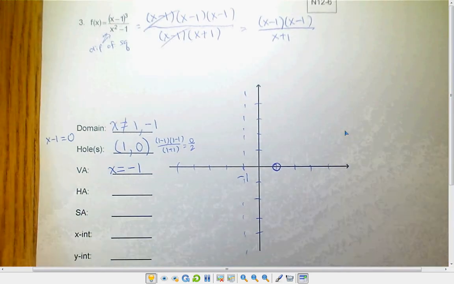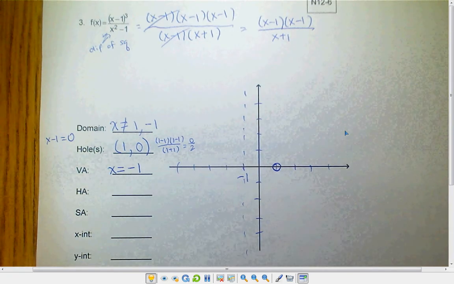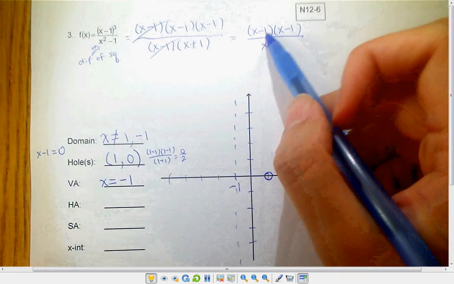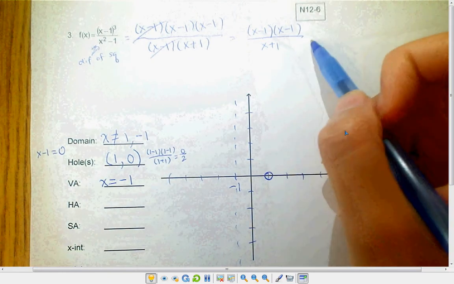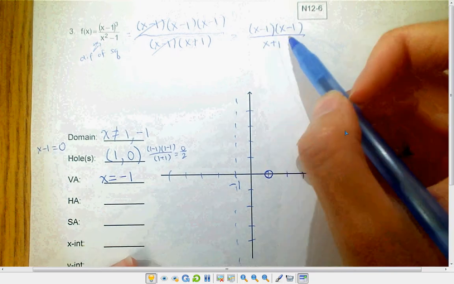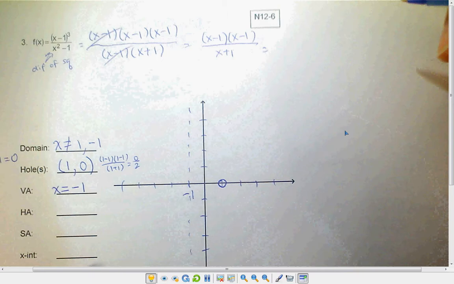Okay, horizontal asymptote. Now I'm going to need to divide to find my horizontal asymptote. So for this one, for me to be able to divide, I actually need to first multiply this out, right? Because I need it to be in polynomial form. So x minus 1, x minus 1, if I multiply this out, I'm using FOIL, or the box method.